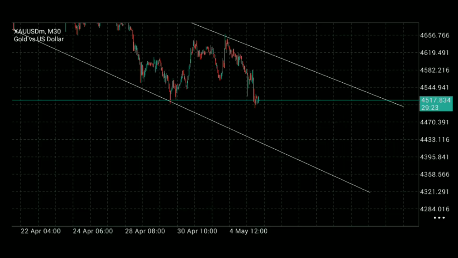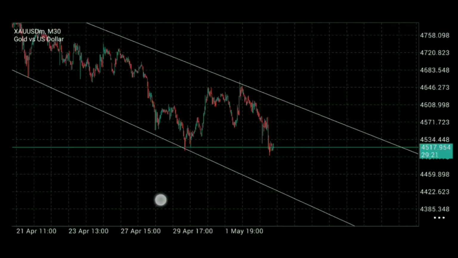But it's not advisable to sell in a downtrend, and it's also not advisable to buy in a downtrend. You should only be selling, because selling means you are expecting it to go down, right? So it's more of selling in a downtrend, and more of buying in an uptrend.